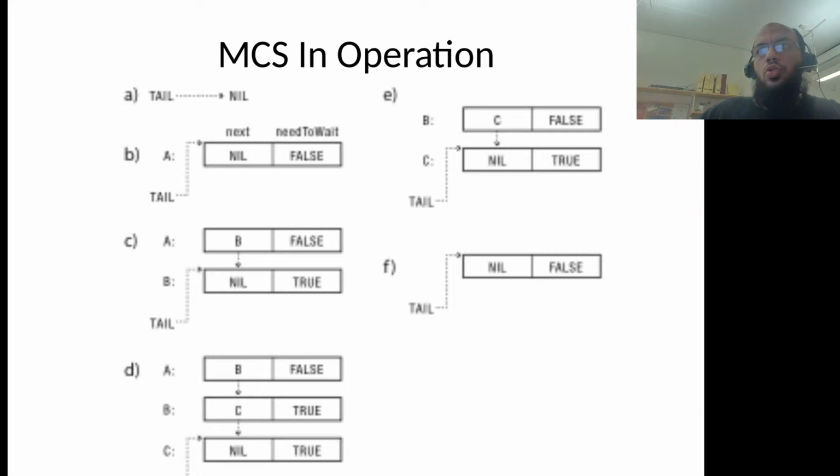So its need to wait is true, and it changes the next value in A to be B, and then C joins, and it has to wait for B now, and so on. You might even have a very long list of threads, and this is mostly used inside the kernel.